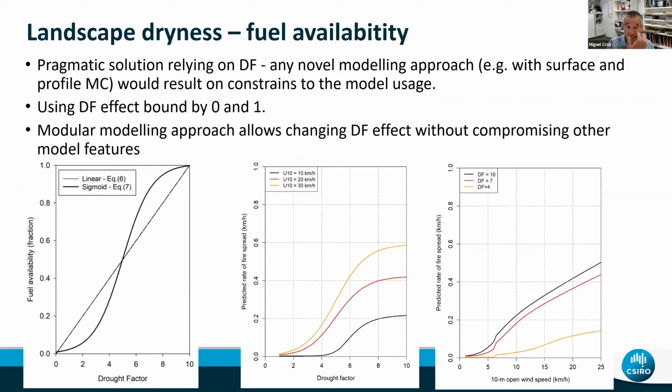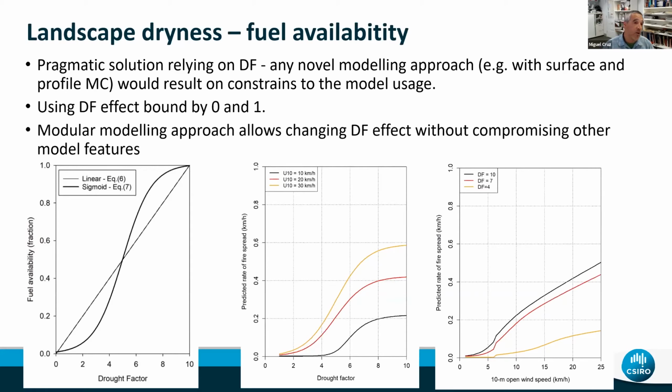Now going to the landscape dryness, fuel availability, we tried different approaches and considered different variables, but in the end we had the constraint that some of the most promising approaches were not going to be easily used in a field setting, because some of those inputs would not be easily quantified.